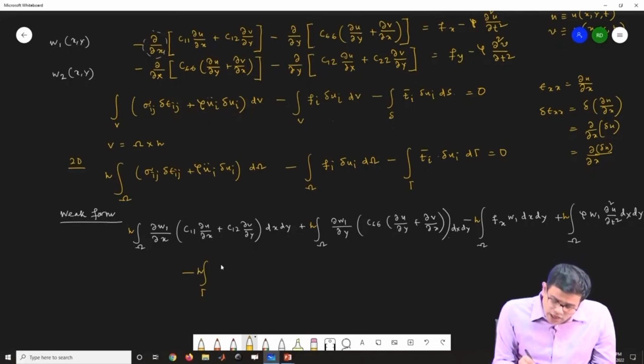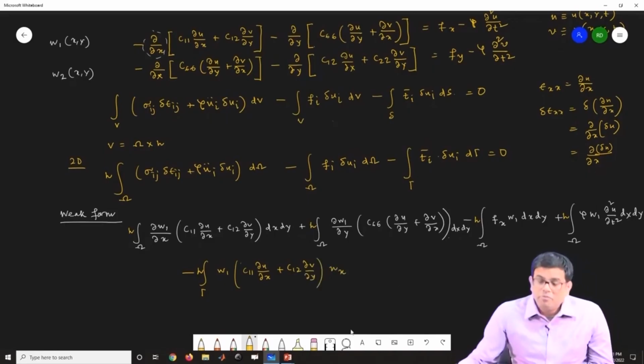Now here we'll have this quantity. This is my first boundary term. So W1 into your del u del x plus C11 del u del x, plus C12 del v del y, into nx.